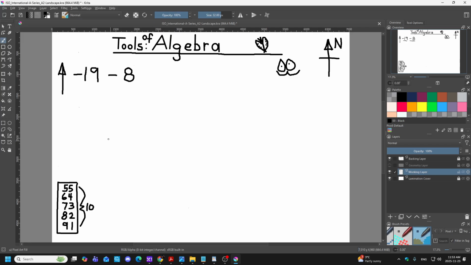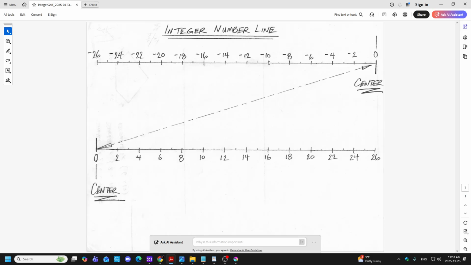I look at these as jumps, right? How many jumps are you going to make? So from negative 8, we're going left, negative 19 jumps. Whenever you have a negative, you're going left, okay?